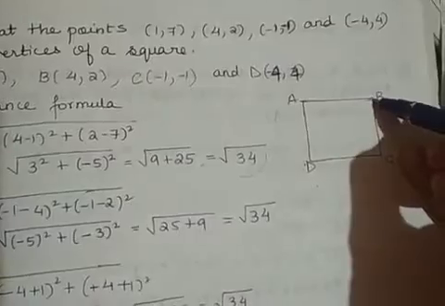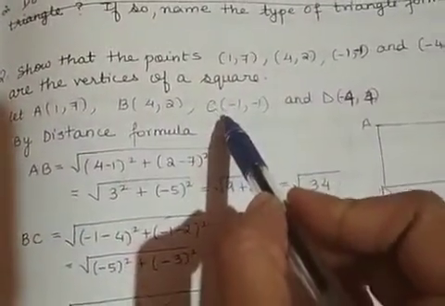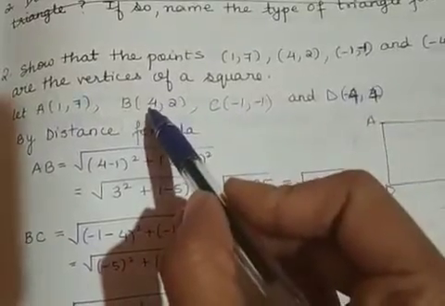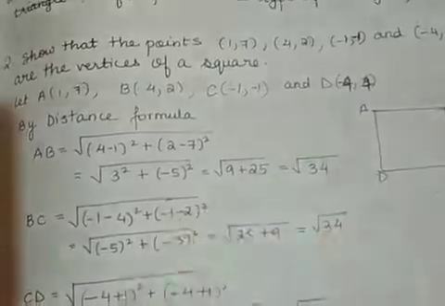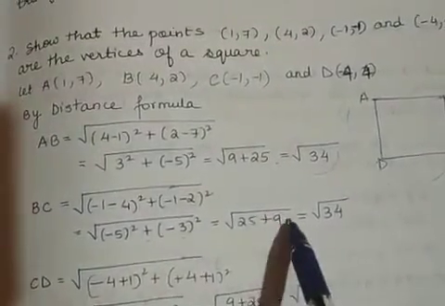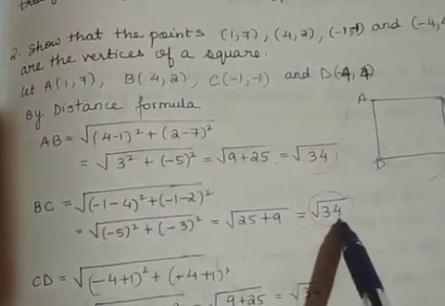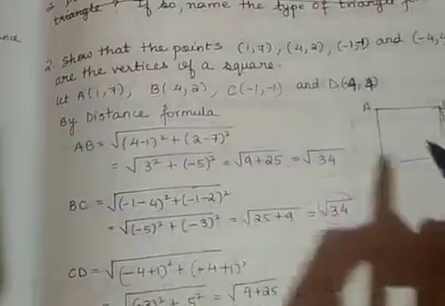Now let us find the length of the side BC. BC is square root of (minus 1 minus 4) the whole square plus (minus 1 minus 2) the whole square. This is minus 5 square plus minus 3 square. On solving, I get this also as square root of 34. Next we have CD.